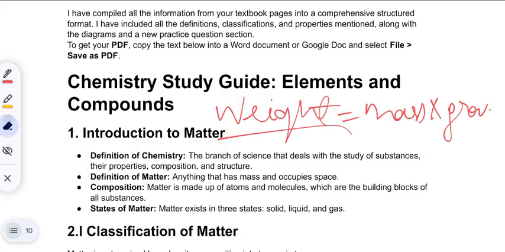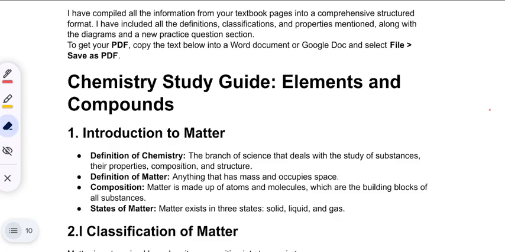Then our second topic is composition. What is matter made up of? Matter is made up of molecules, and those molecules are made up of small, tiny, unseeable substances called atoms. Molecules can exist independently in nature, but a single atom cannot.